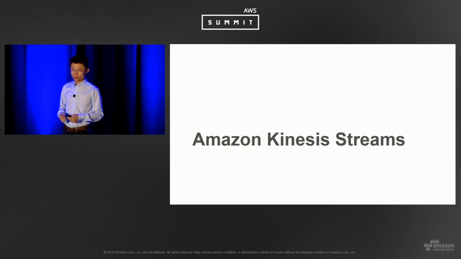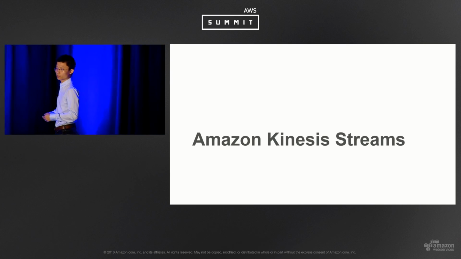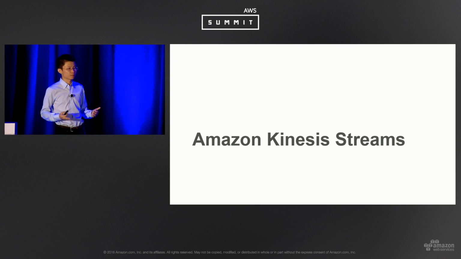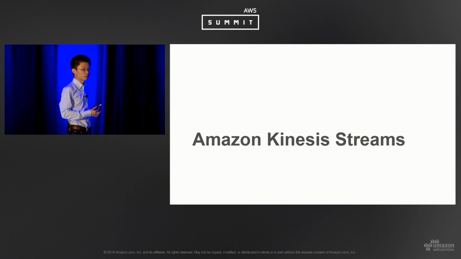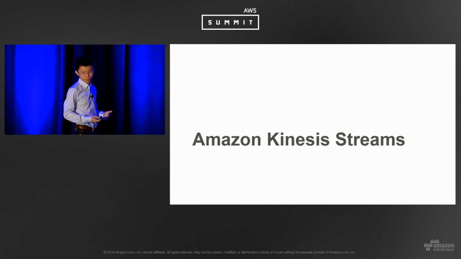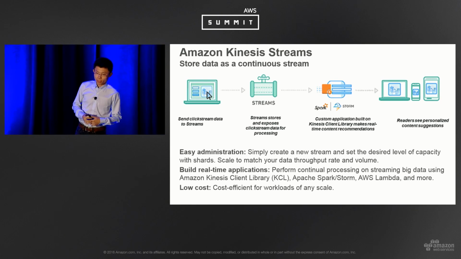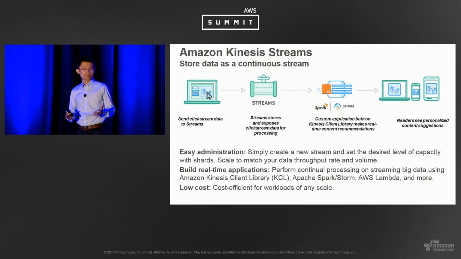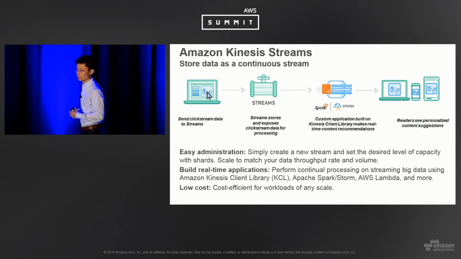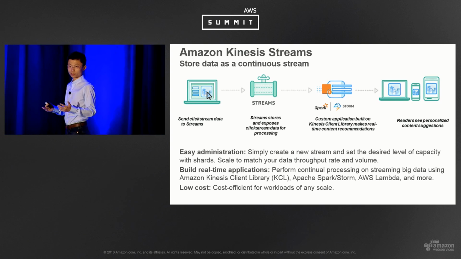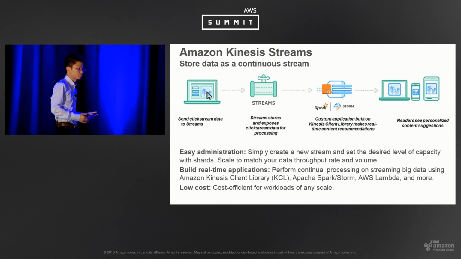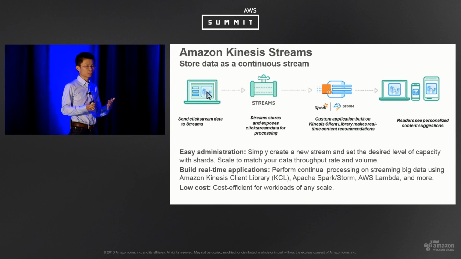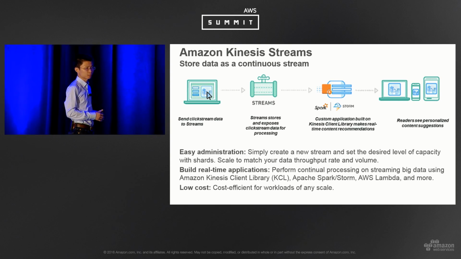So let's go a bit deeper into Kinesis Streams. You recall it stores the data as a continuous stream, and enables you to build your own application with your own tool to analyze and process your data. Look at this graph on the very left-hand side, which is what we call data producers. You configure your data producers. It could be hundreds or thousands of data producers, being application servers or mobile devices, continuously pushing data into your Kinesis stream.